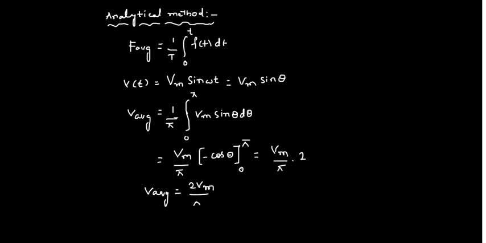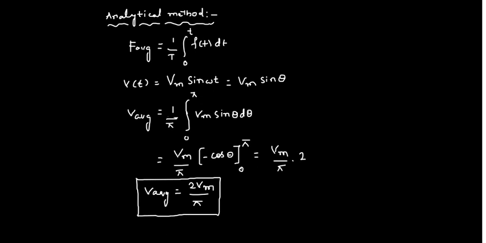As we have just discussed, whenever we take a sinusoidal voltage, we consider only the half cycle. Because for symmetrical waveforms, the average value over a full cycle will be 0.